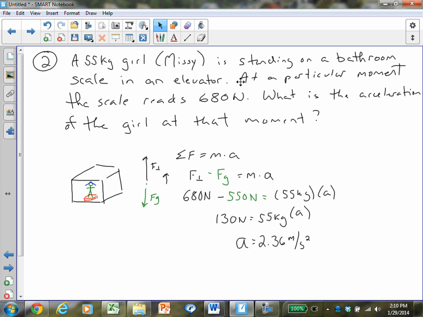Because you're starting and then you're accelerating upwards. So increasing your speed going up would have an acceleration up. But if you're coming down and you slow down, then your acceleration to cause that slow down must also be against your motion, which also must be up. So both of those are times when the scale will read more than the person's weight.